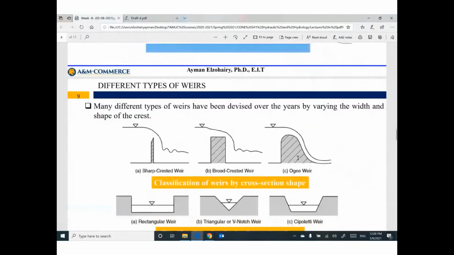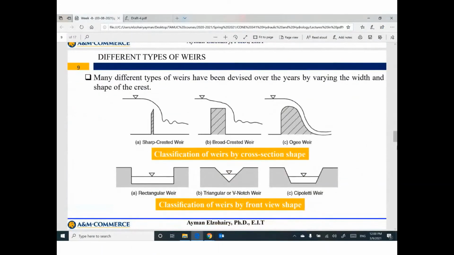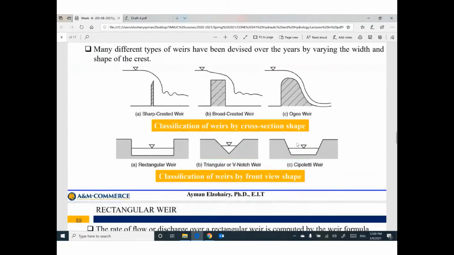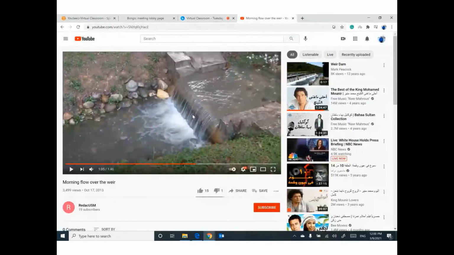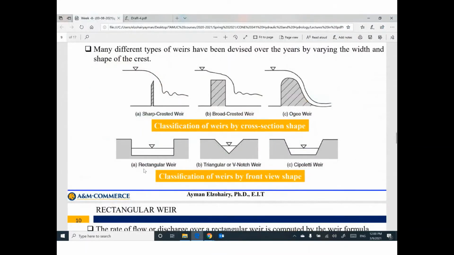We have different types of weirs, sometimes based on the shape of this step, called sharp crested weir, broad crested weir, or ogee weir. This shape is rectangular because we have a rectangular weir.